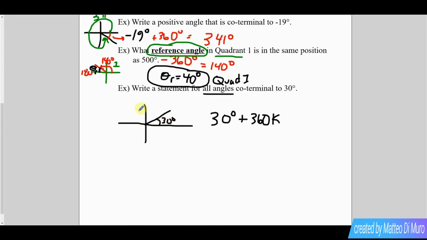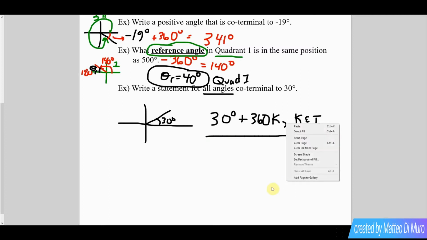If I want to go once around, k would be 1. If I want to go 2 times around, k would be 2. I need to write all angles that are coterminal, so I could also subtract 360. If k was negative, that would be the same as subtracting 360. For instance, if k was negative 1, then we would get 30 subtract 360. So as long as I say k is an element of the integers, then I have written my statement for every angle that's coterminal to 30 degrees. Neat.